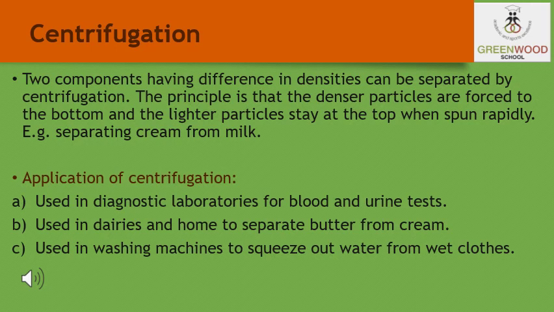It is used in diagnostic labs for blood and urine tests. It is used in washing machines to squeeze out the water from wet clothes, and of course in dairies and homes to separate butter from cream.